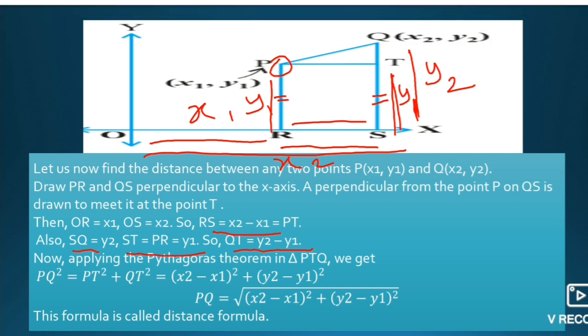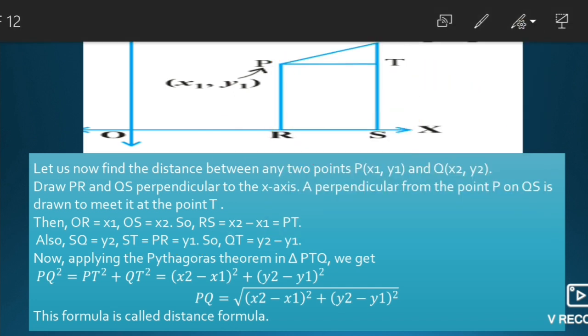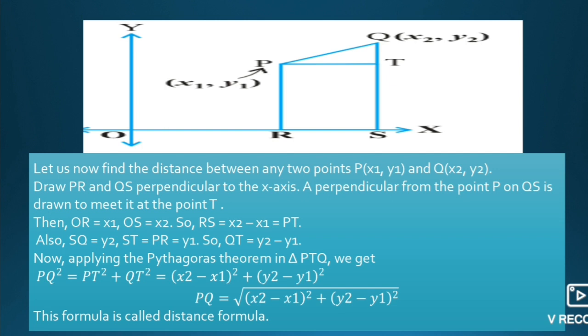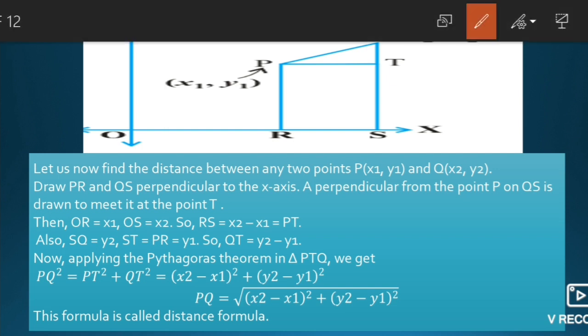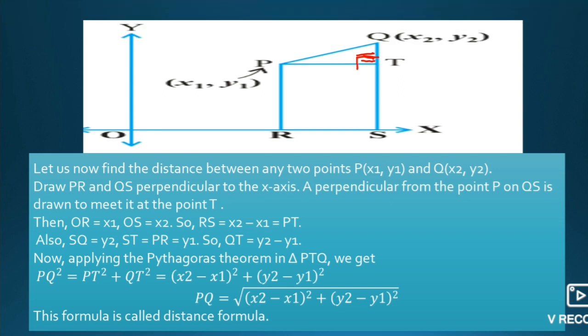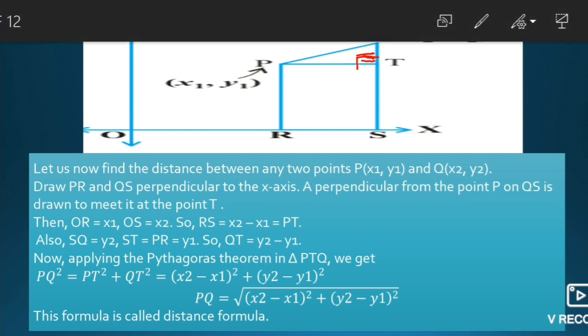Now, if you look at the triangle QTP, it is a right angle triangle. So you can use Pythagoras theorem here. By Pythagoras theorem, PQ square is equal to PT square plus QT square.